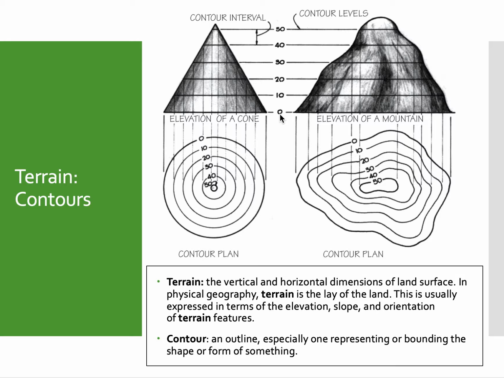So what we would do is measure 10 feet up in the air, on the z-axis, and then we would take a chainsaw and we would cut the cone or the property, or in this case the mountain, at 10 feet and remove the top, and then look down and trace that outer line, that contour line of what's left.